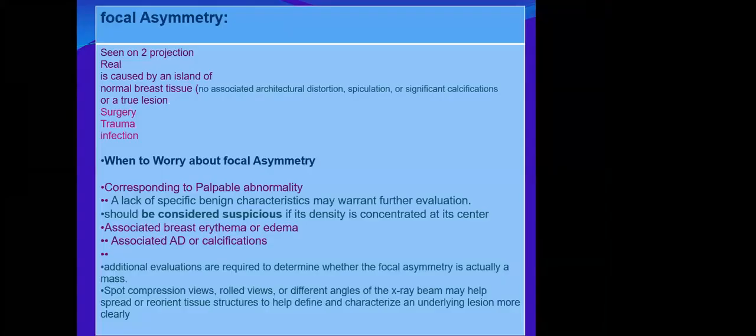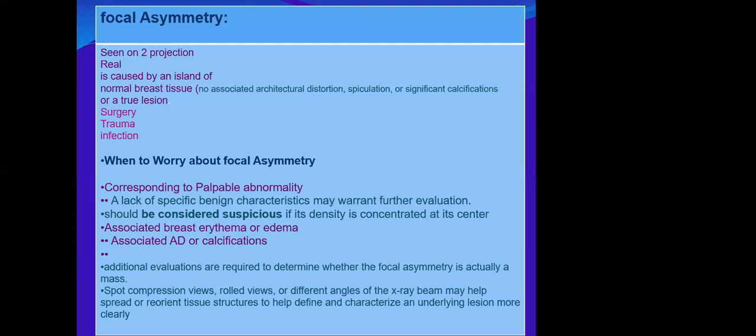So we said focal asymmetry seen in two projections is real. It commonly represents an island of normal breast that might not even disappear on a spot magnification view. We need to differentiate it from real lesions. If there is no history of surgery, trauma, or infection, we have to take it seriously and exclude malignancy.